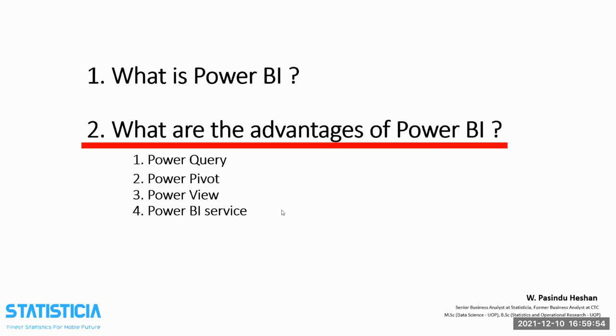In Power View, you can create more than 200 chart formats, and we'll discuss many of these charts in this session. We'll discuss use cases also, and get an idea of how to create these charts and when we can use them for our reports and dashboards. That kind of thing we will study in this session.